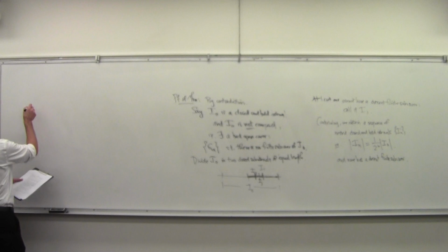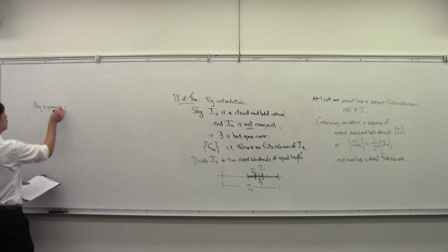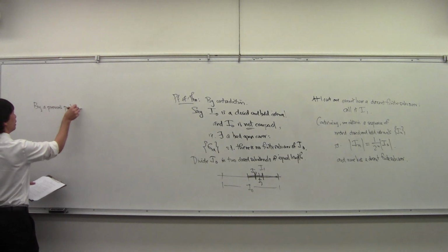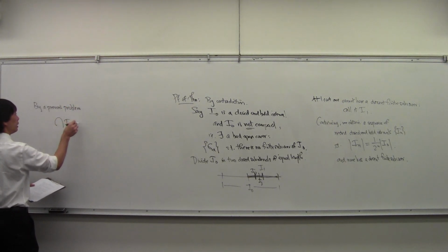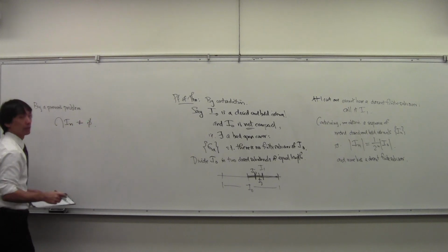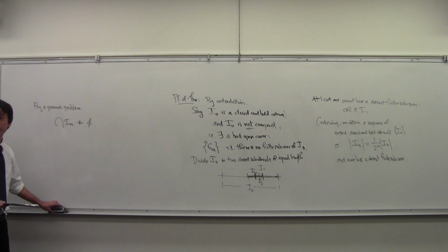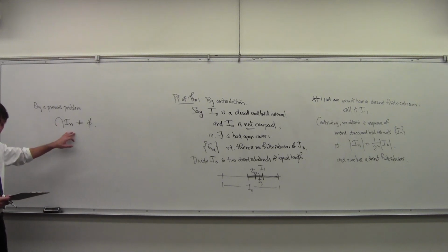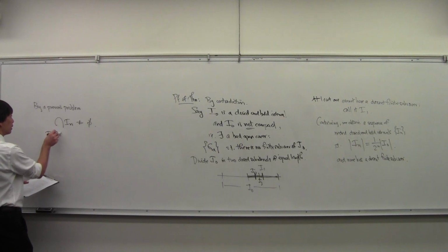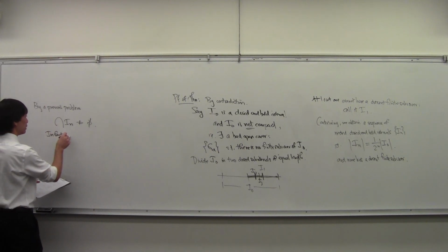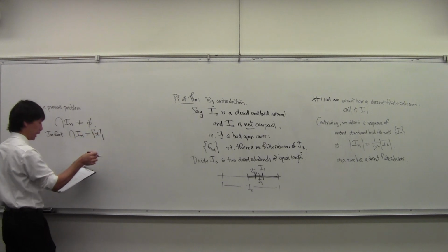Okay. So now my previous problem. We know that the intersection of the I_n is non-empty. Right? This was your homework problem ages ago. The intersection is going to be non-empty, and in fact, it must consist of a single point, x.